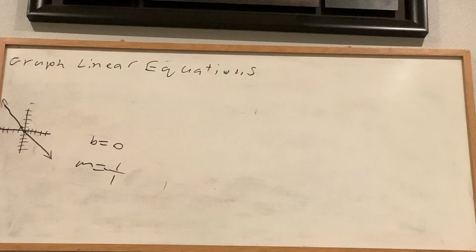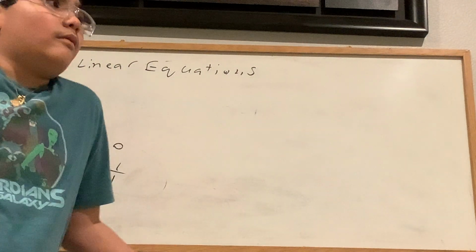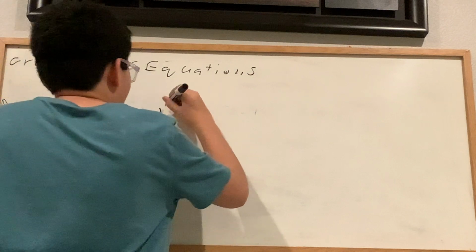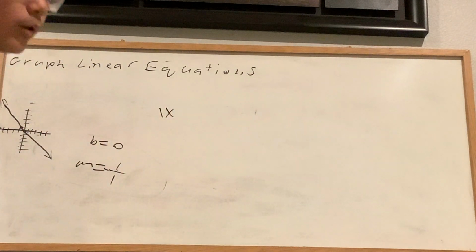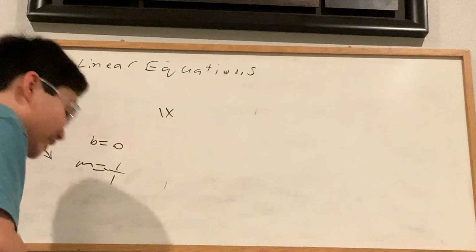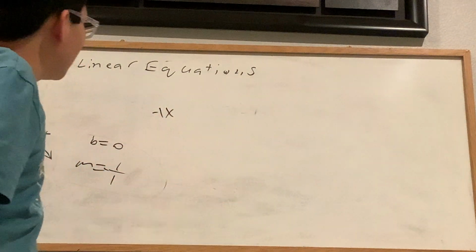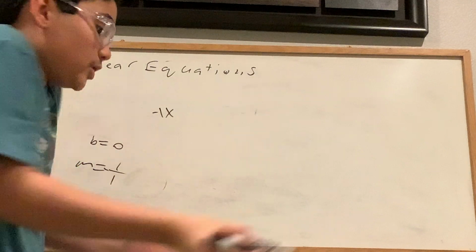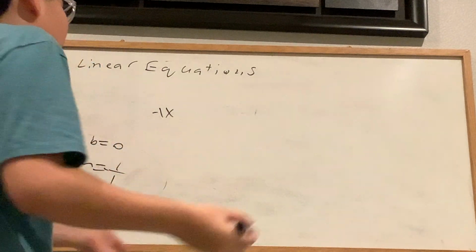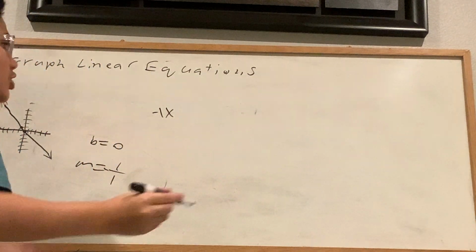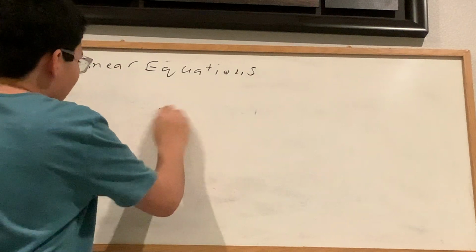And if you think about it, 1 over 1 is just 1. We don't say 1x, we just say x, because 1 times x doesn't change anything. So we just say it's x.